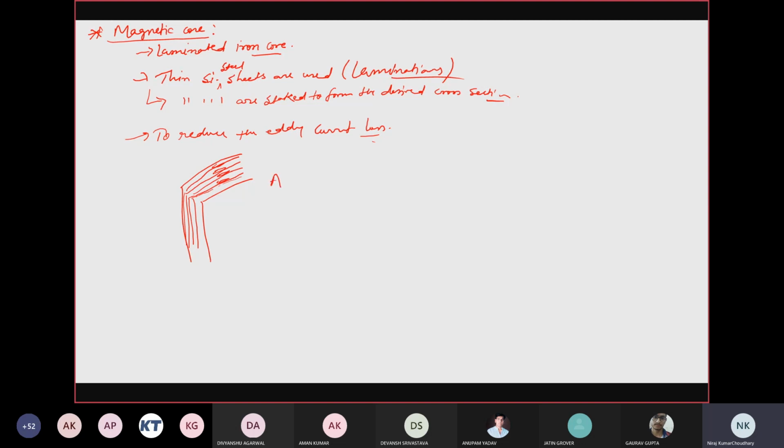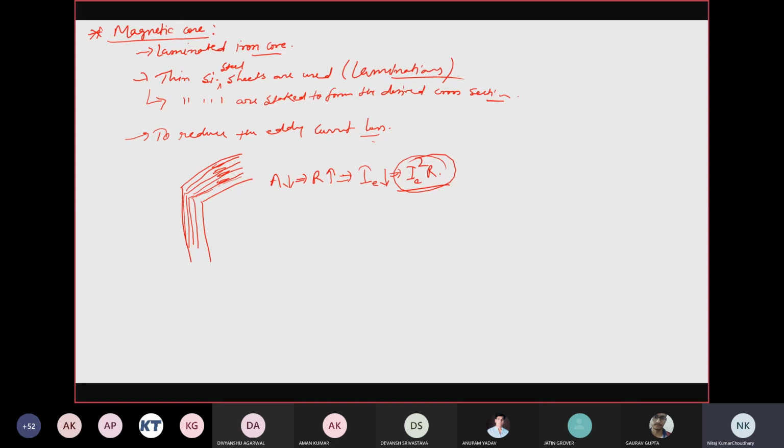So if area of cross section decreases, this will in turn increase your resistance, and if resistance will increase, then you know that IE, that is eddy current, will reduce. This will further reduce the IE square R value, which actually produces the heat in the transformer core, right? So in this way, using laminated sheets in the transformer core, we can reduce the eddy current loss in the transformer.